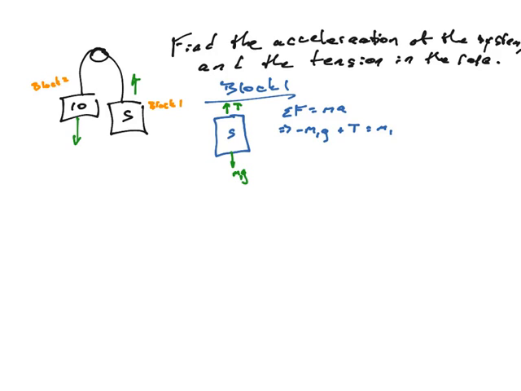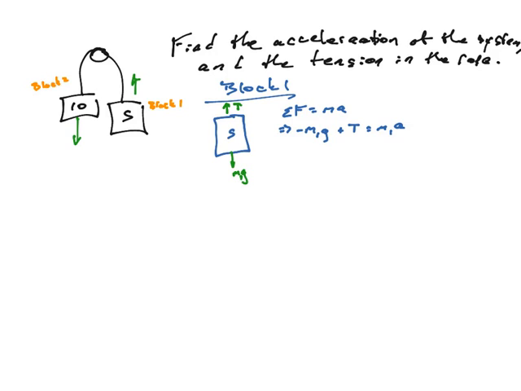That means block 1 has an upwards acceleration, which means he has a positive acceleration. So, positive A. Whatever the A is, I don't know what A is yet. I'm trying to find it. But I know he's positive. So there we go. There's my equation.